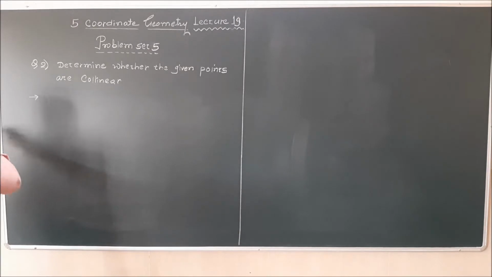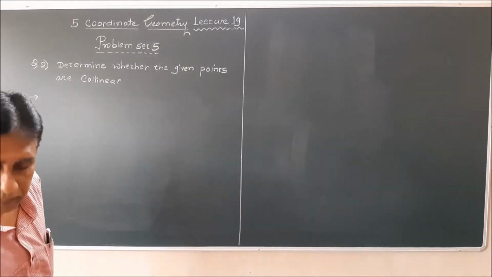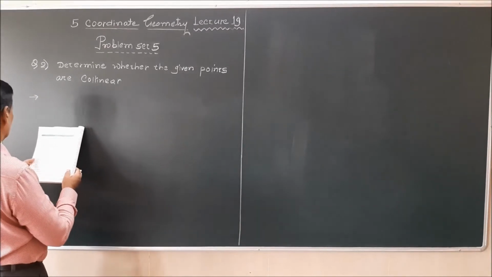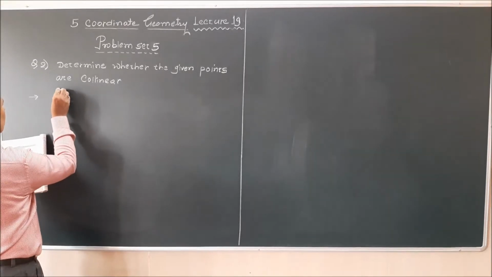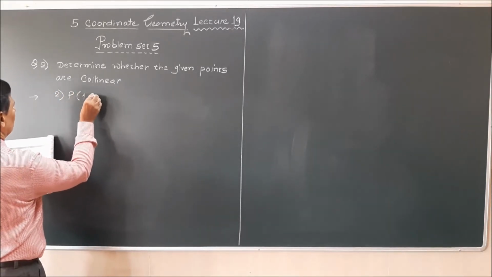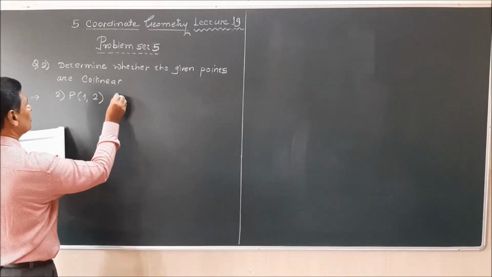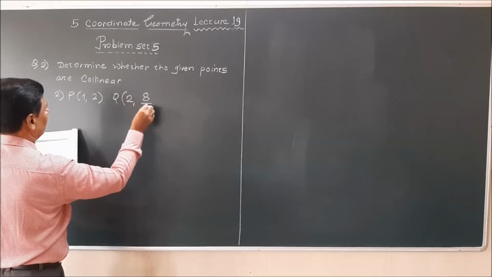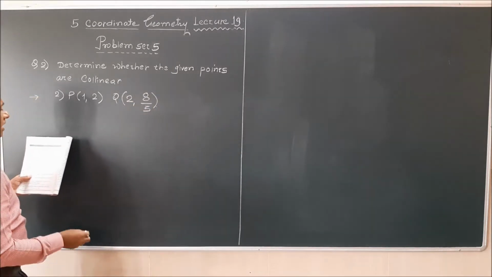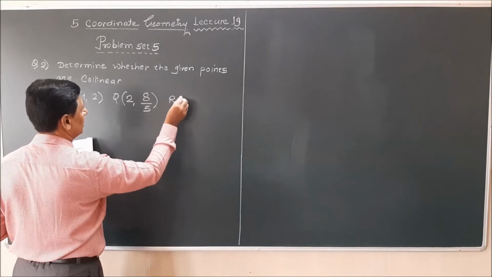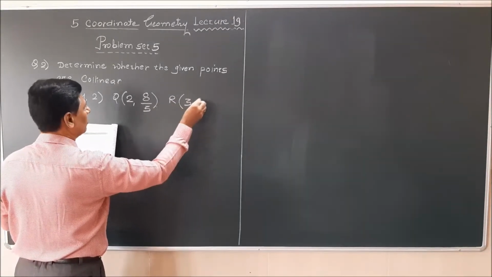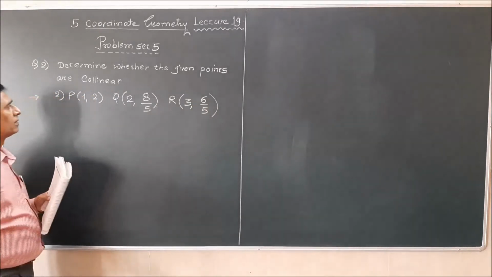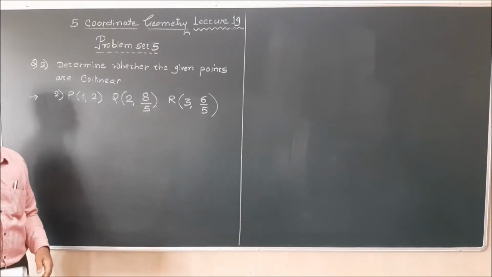So now in the second sub-question of question 2, the points are P (1, 2), Q (2, 8/5) and R (3, 6/5).